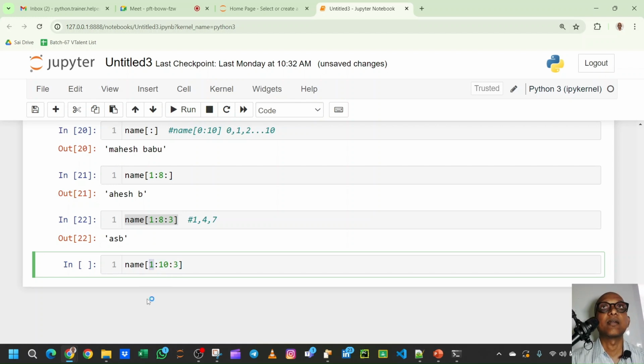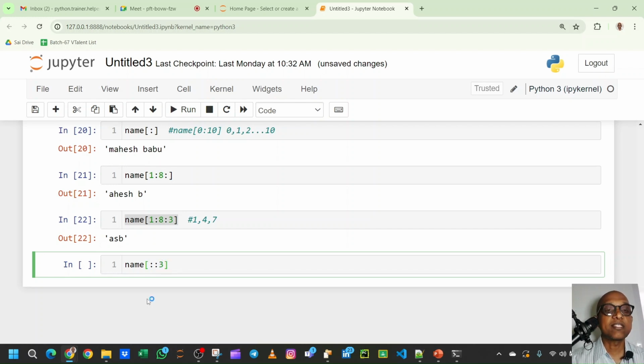That is the starting index number. As I already mentioned, that is optional, so I'm removing this. And what is the second number? The ending index number. That is also optional, so I am removing that also. And what is the third value? That's the incremental value. That is also optional, but I want to keep it.